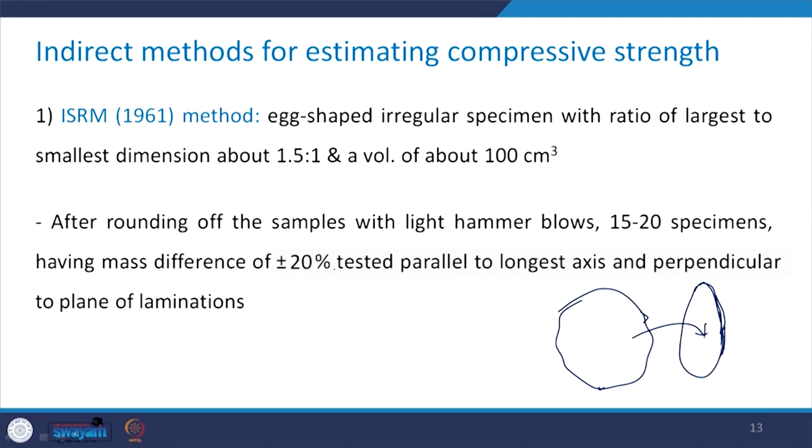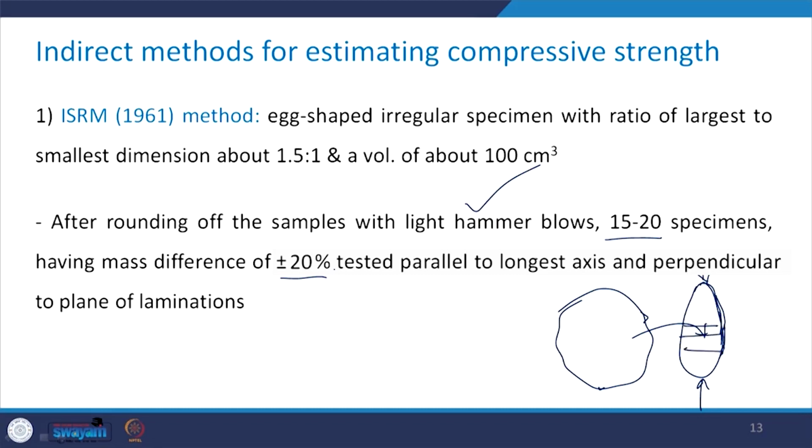We need to give light hammer blows and prepare 15 to 20 specimens with a mass difference of plus minus 20%, which are tested parallel to the longest axis. That means it should be tested like this. The load is applied along this and the planes of lamination should be perpendicular to this.